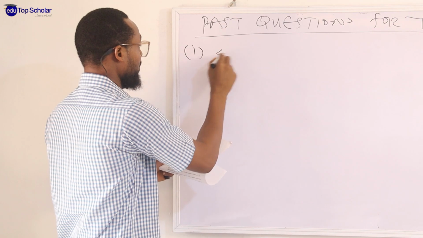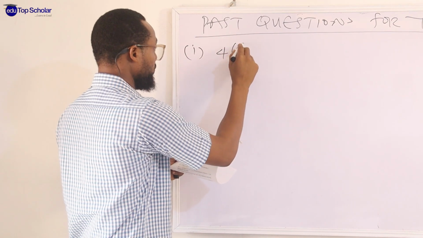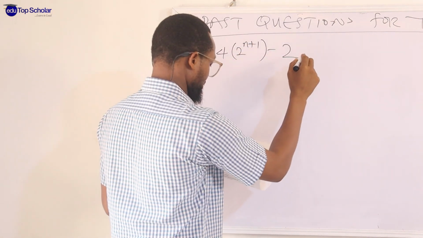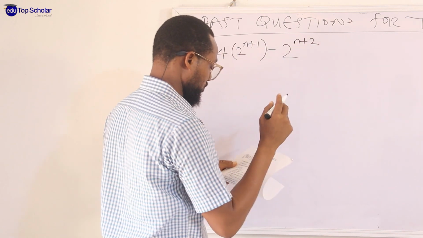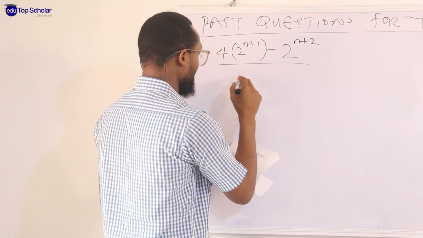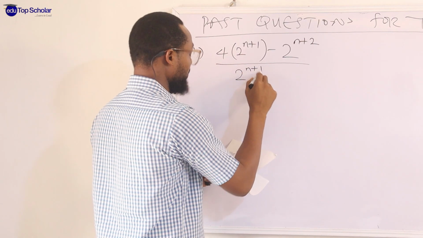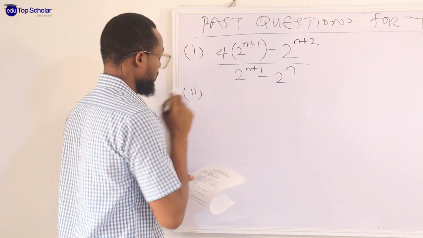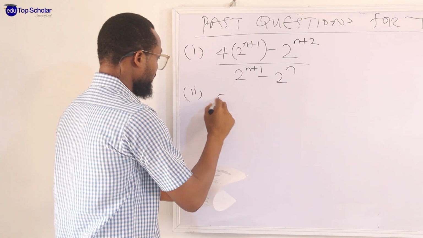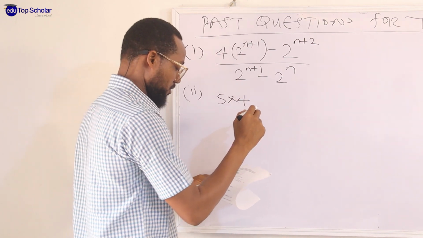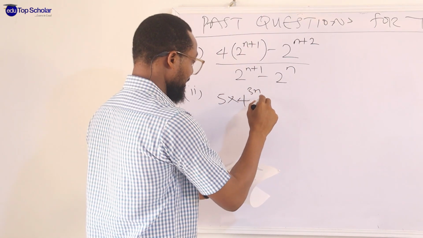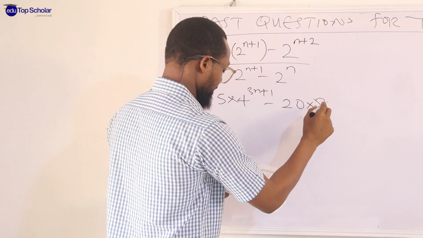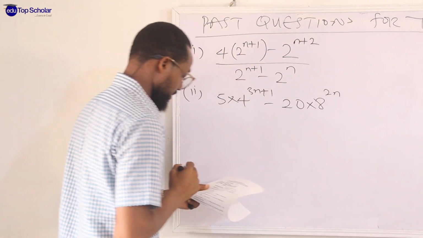Question 1A. Simplify the following. 1. 4 into 2 raised to power n plus 1 minus 2 raised to power n plus 2, everything divided by 2 raised to power n plus 1 minus 2 raised to power n. 2. 5 multiplied by 4 raised to power 3n plus 1 minus 20 multiplied by 8 raised to power 2n.